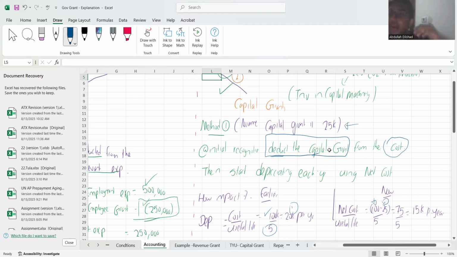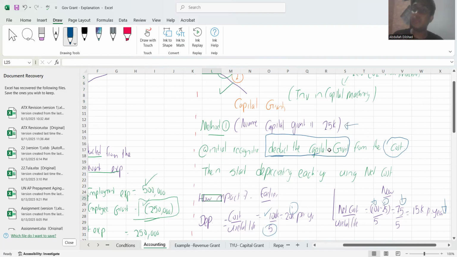Your cost would come down. When your cost comes down, your depreciation also will fall. See, from 20,000, it falls to 15,000. Why? Because your cost reduced. Why did the cost reduce? Because from the cost, we deducted the capital grant, right?